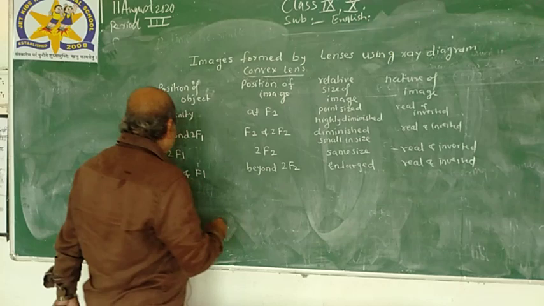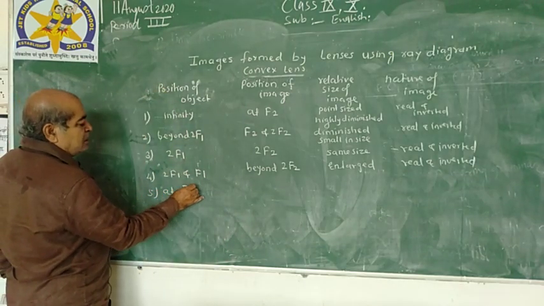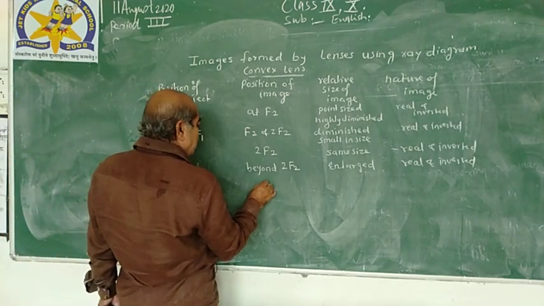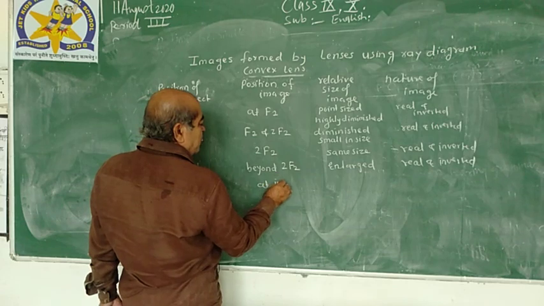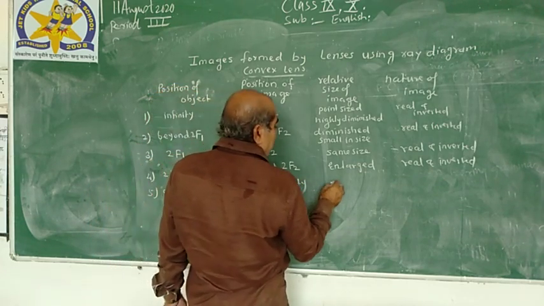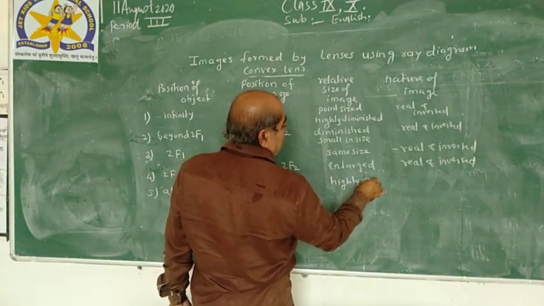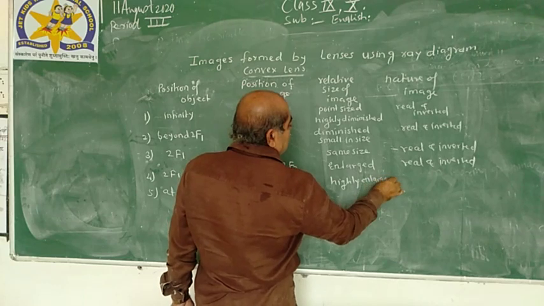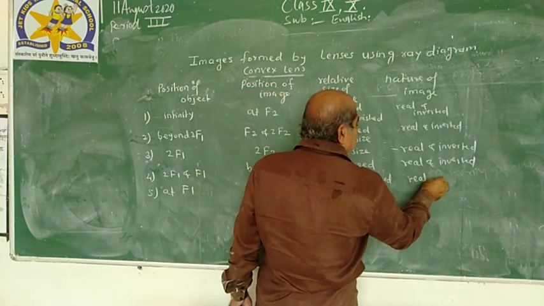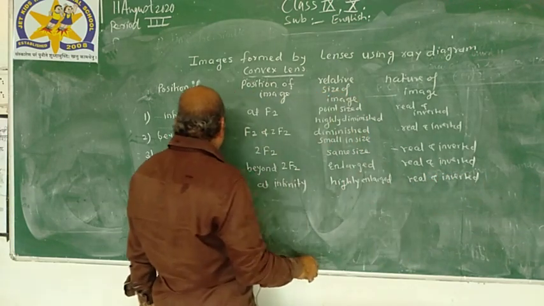Now the fifth position of the object is when the object is at f1, then the image is formed at infinity, and the size of the image is highly enlarged, or infinitely large, and again the image is real and inverted.